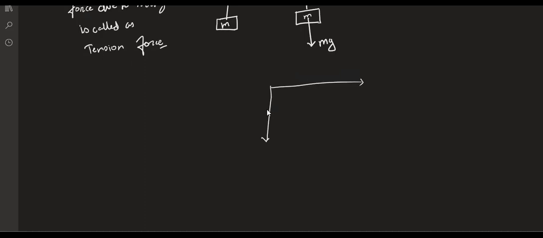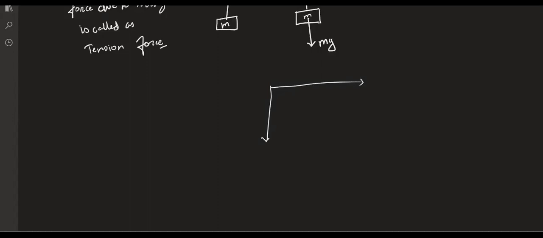So mg is in the down direction, so minus mg j cap and T j cap. If you add them, you will get either T minus mg is equal to 0 or mg minus T is equal to 0. Right, everyone?